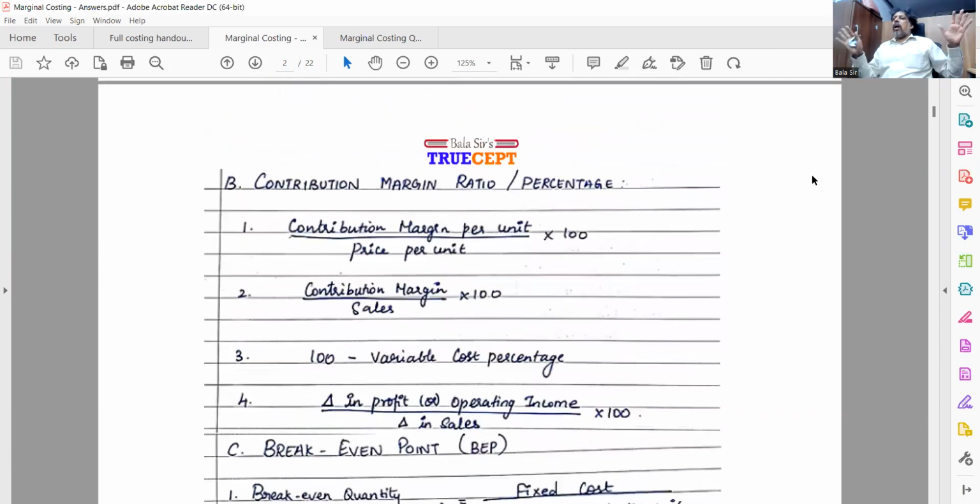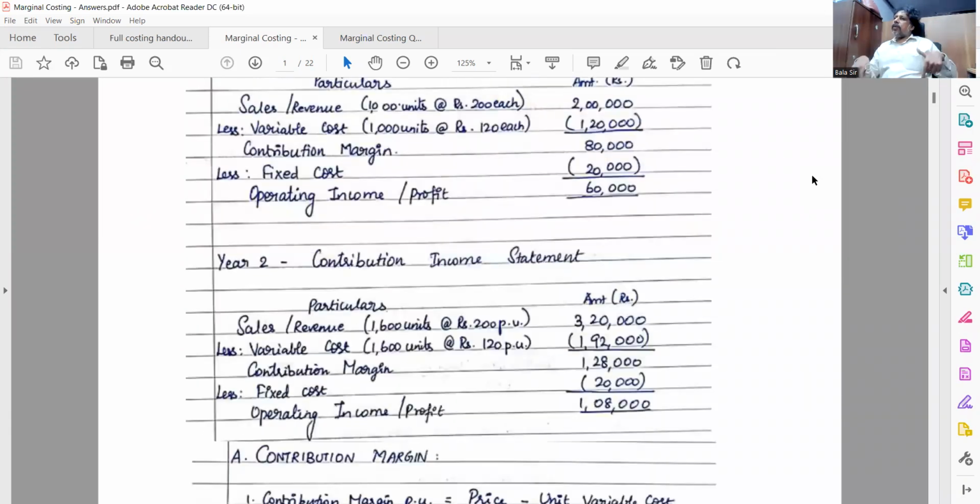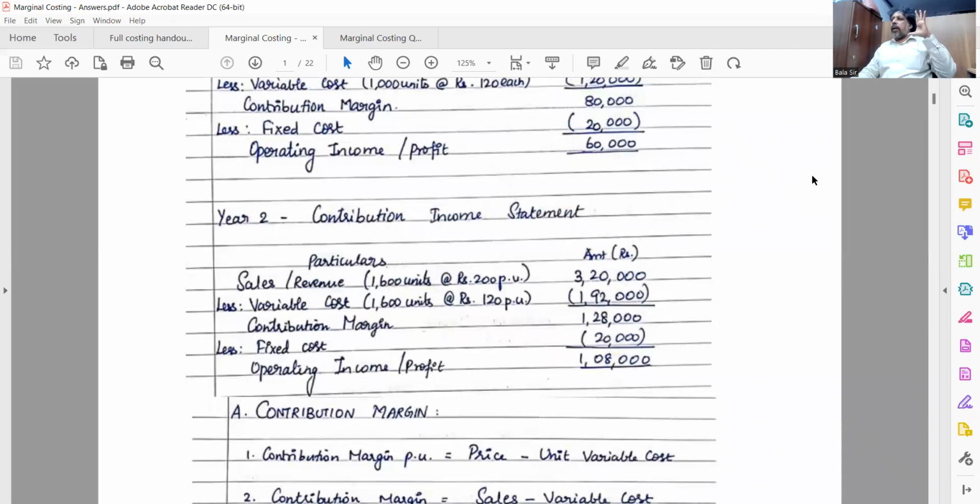Now tell me in year 2, what is the profit? 1,08,000. What is your fixed cost? One above that, 20,000. So adding both, you get 1,28,000 contribution amount.